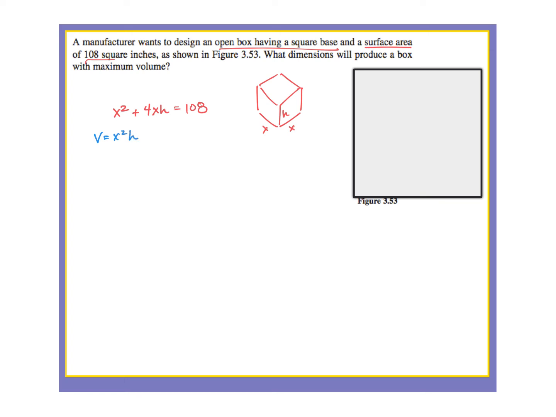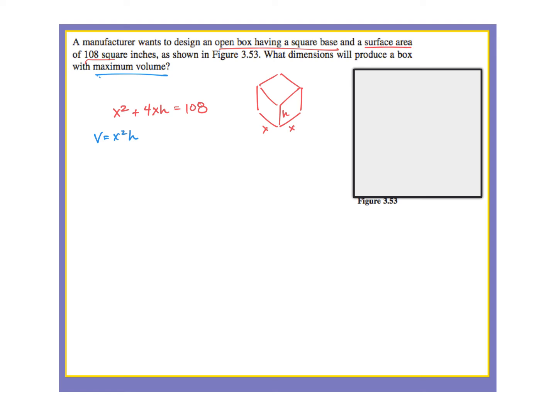Now, eventually, I'm going to take a derivative of that volume equation, right? I'm going to get to dV/dx. However, I have two variables going on right now. I don't want that. So in my secondary equation, x squared plus 4xh equals 108, solve for what? h.